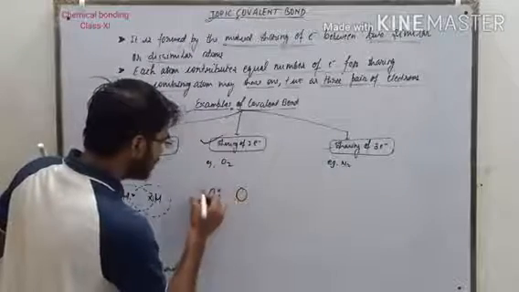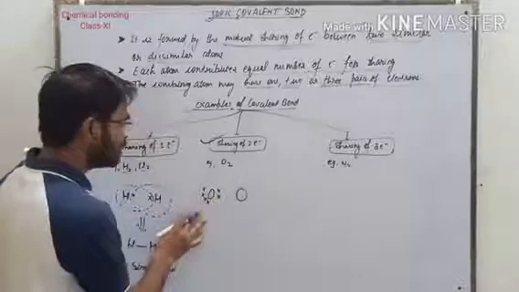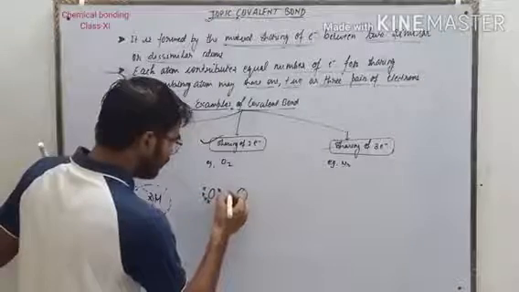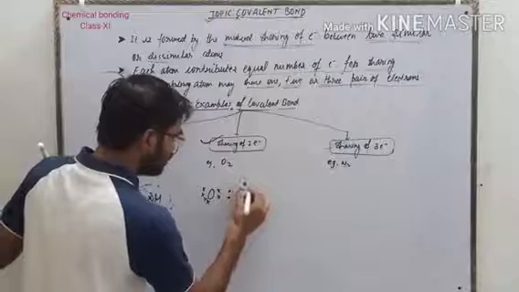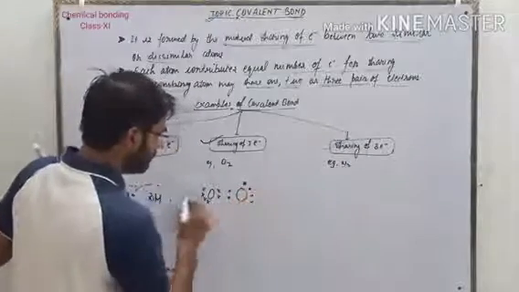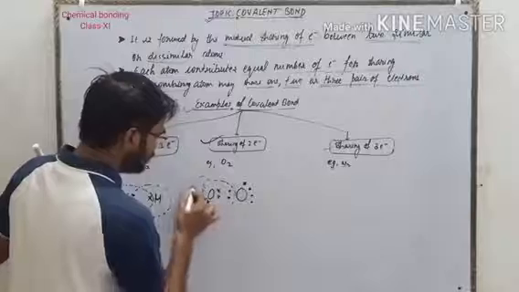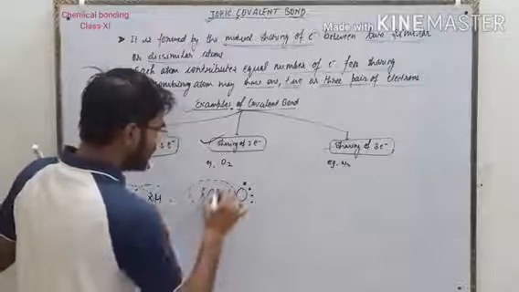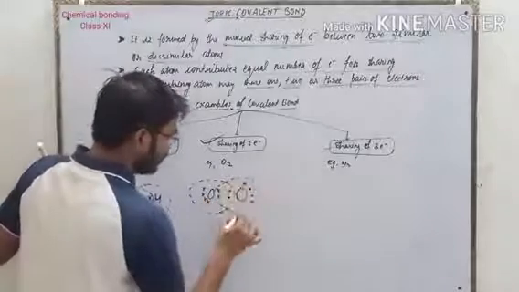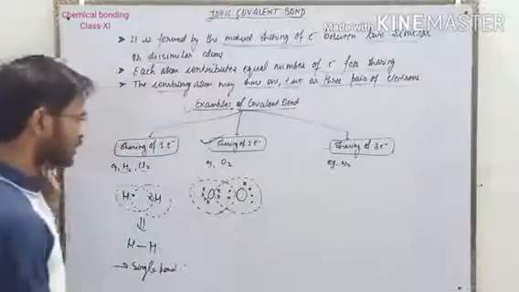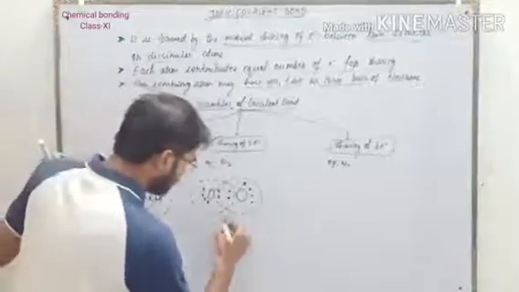So there are 6 valence electrons in the valence shell of one oxygen atom, and there are 6 electrons in the valence shell of the other oxygen atom. It shares 2 electrons and completes its octet. Another oxygen also shares 2 electrons and attains its octet.